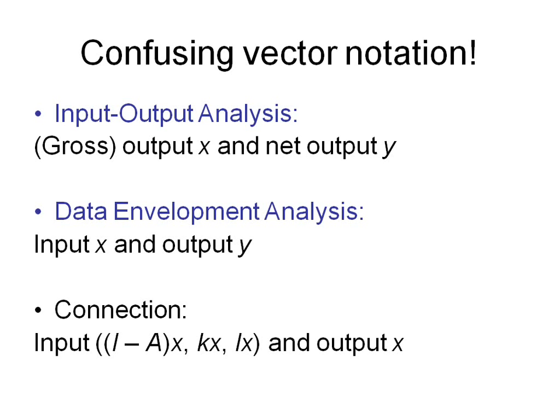Here's the connection. If you take a national economy with the gross outputs of the industries organized in vector x, an input-output coefficients matrix A, and capital coefficients K organized in a row vector, labor coefficients L, also a row vector.